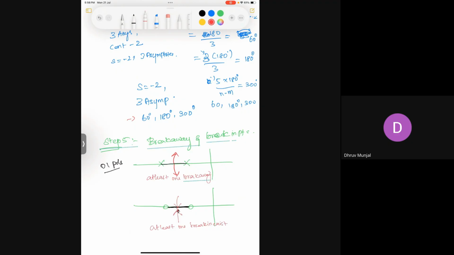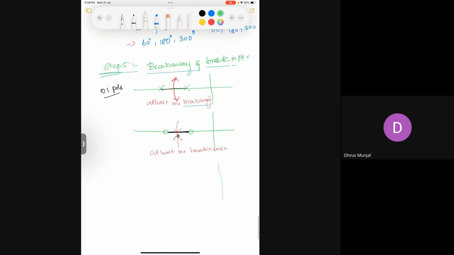Then you can ask, what if there exists one pole and 1 zero, or 1 zero and one pole? There also the root locus will exist, right? So in this case, you cannot guarantee whether the breakaway or break-in points exist. It might exist or it might not exist. We cannot comment on this.